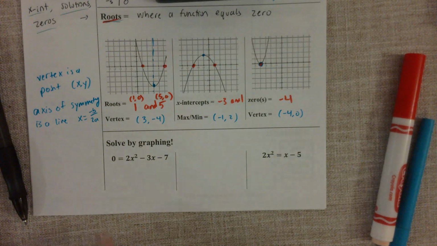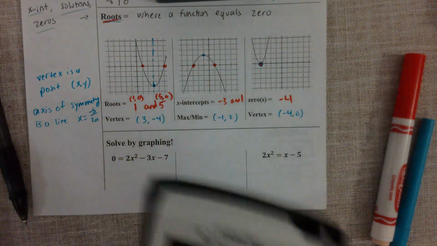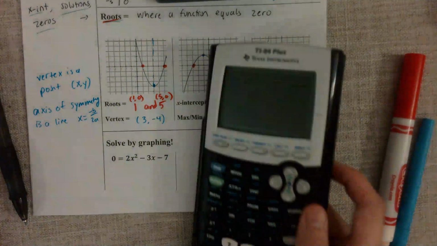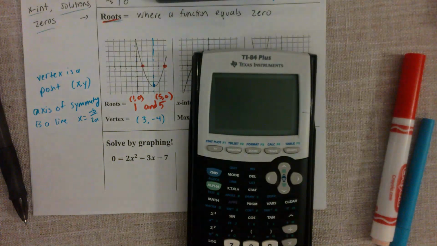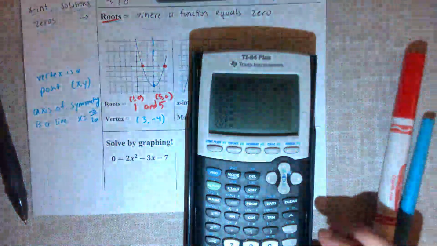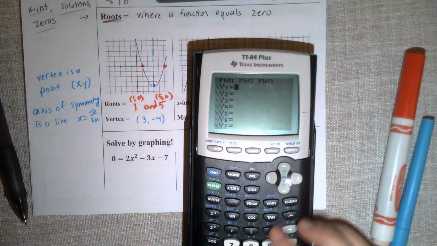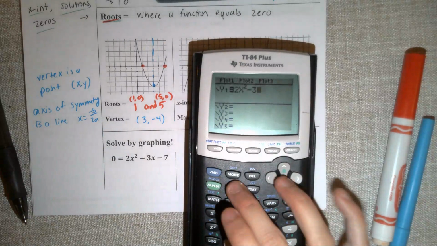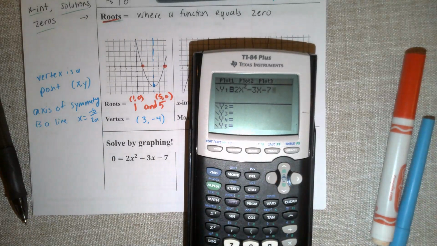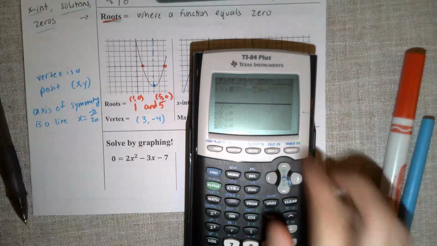So we have 0 equals 2x squared minus 3x minus 7. So you could try and factor that. It doesn't come out to nice numbers. So if you use your calculator, you're going to go to y equals, and we put 2x squared minus 3x minus 7, and we click graph.